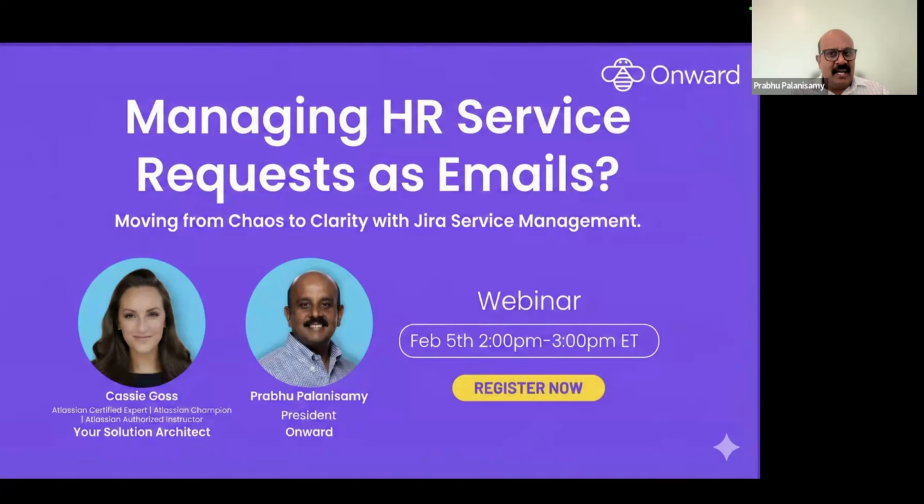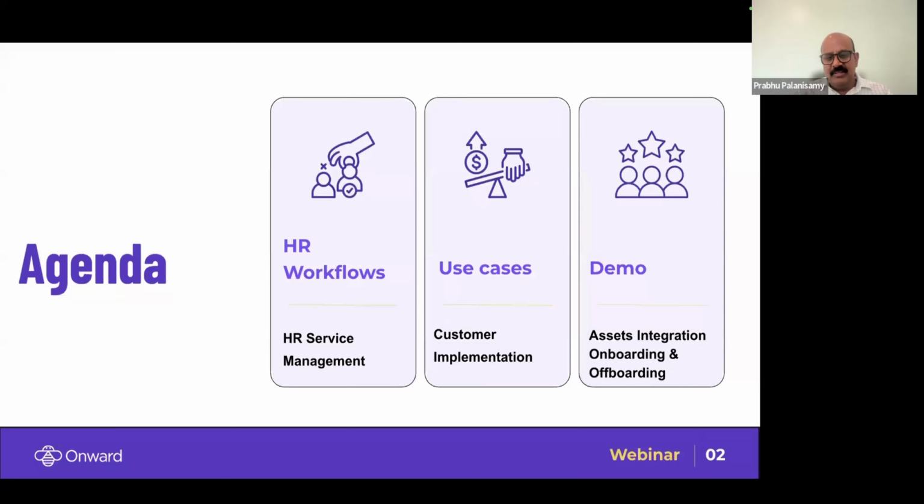All right, let's jump in. I'll start with the question. How do you all manage HR service requests? It will be very interesting to see at the high level. Email is a ubiquitous way to get employee requests, Slack messages, if you will.